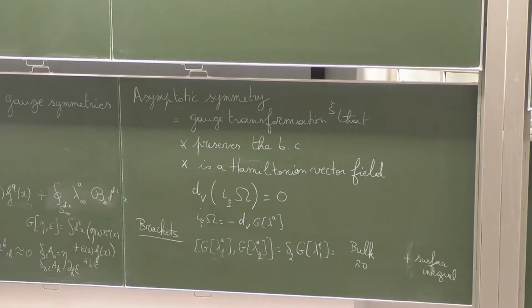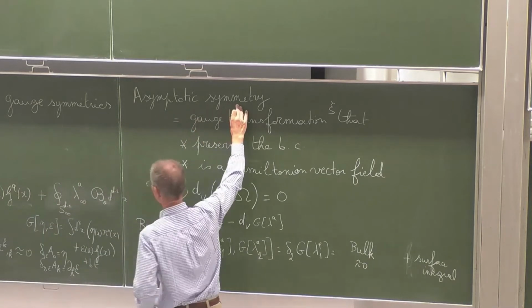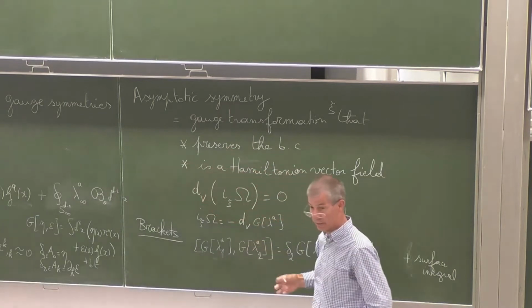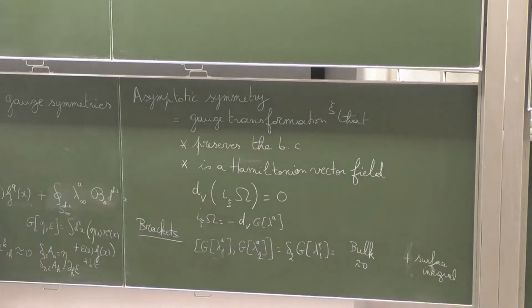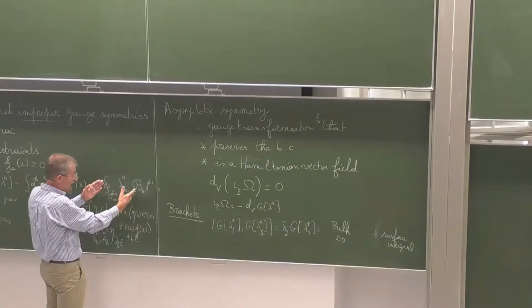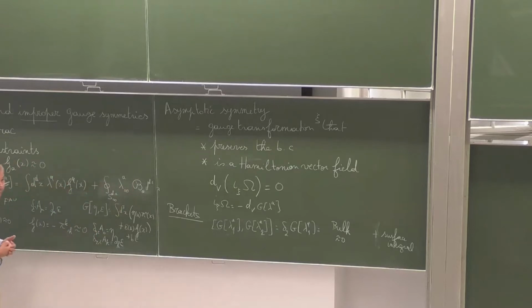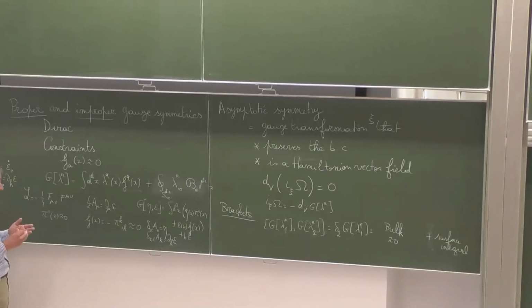And so I will actually introduce the definition. A proper gauge symmetry will be an asymptotic symmetry which has vanishing generator, and an improper gauge symmetry will be a gauge transformation for which the generator is not zero, which means, as we have seen, that the surface term is different from zero. So when the surface term is equal to zero, I will say this is a proper gauge symmetry, and when it is not equal to zero, it's an improper gauge symmetry.